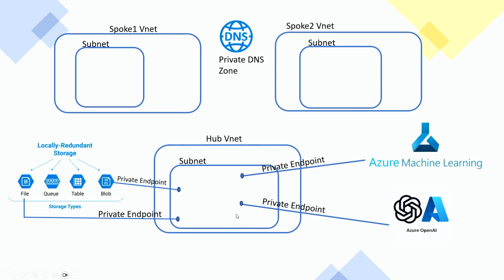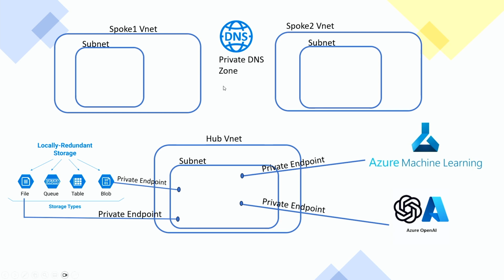subnet, which is great. The only other thing that we need to worry about is other VNets, because the VNets need to be attached to this private DNS zone so that they are able to get all that information as well. So anything that is running in this subnet and spoke one will be able to resolve names because you're pointing to the same private DNS zone.